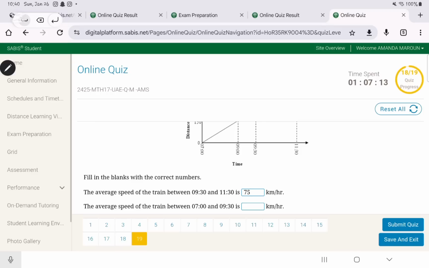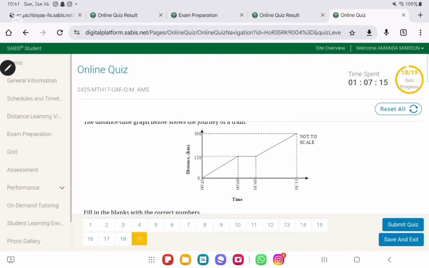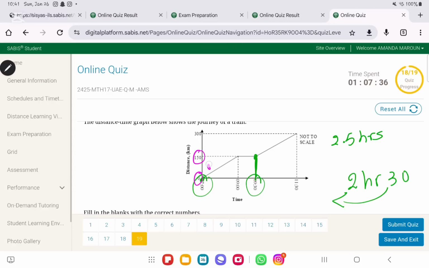Now the average speed between 7 and 9:30, so from here till here, we're going to choose 2 points. The difference between 7 and 9:30 is 2 hours, 30 minutes. So if you're going to change it all into hours, it's going to be 2.5 hours. And then the difference between 150 and 0 is 150.